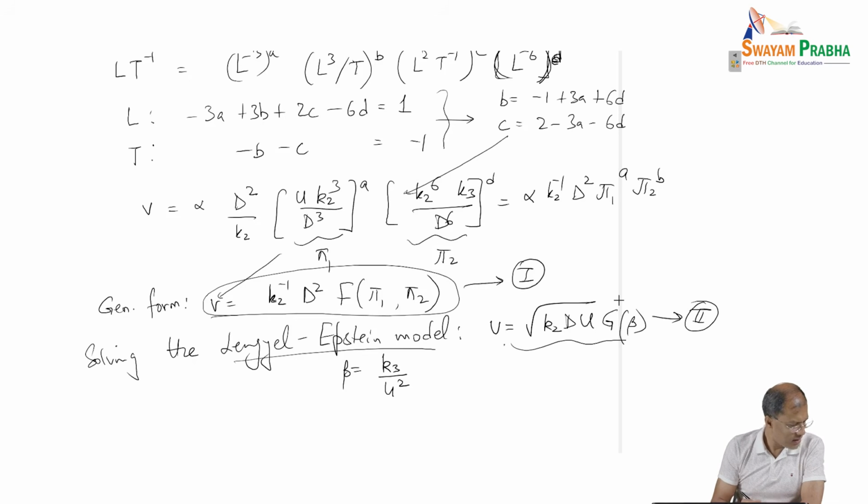So what we do is, notice that beta is nothing but pi 2 by pi 1 square. So this is the observation.